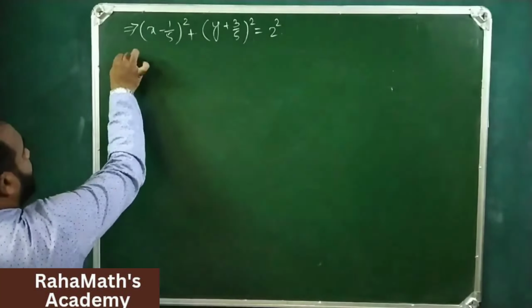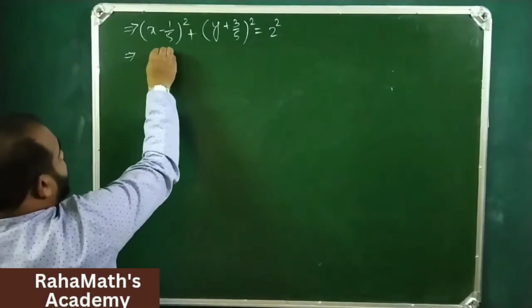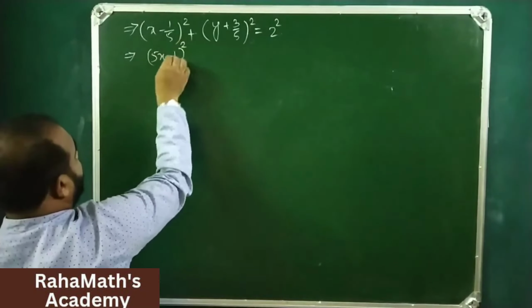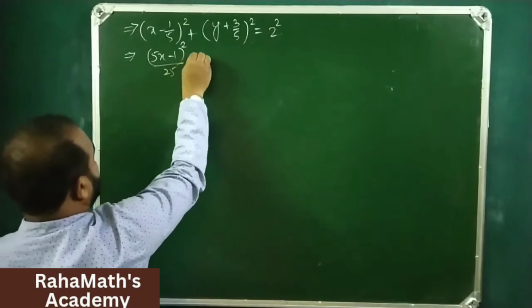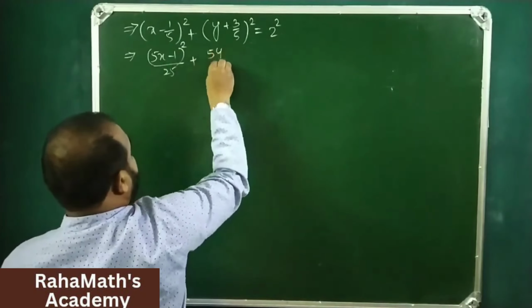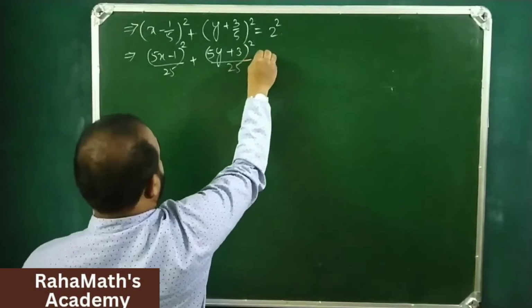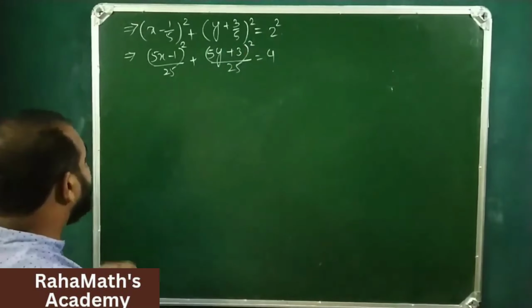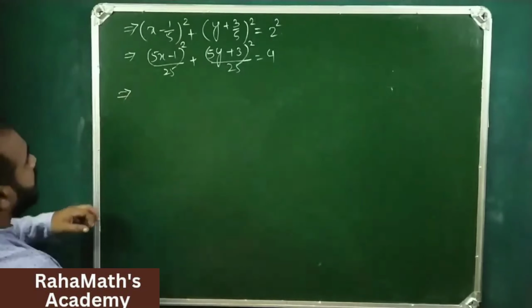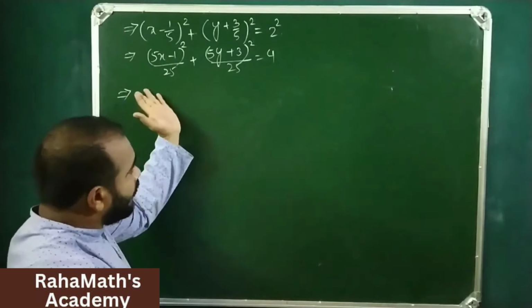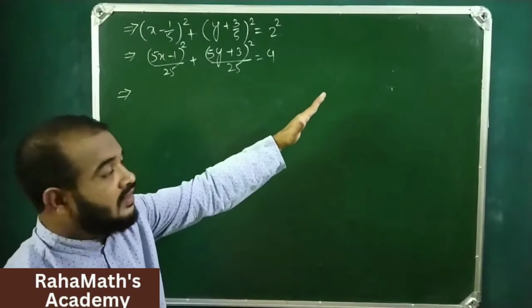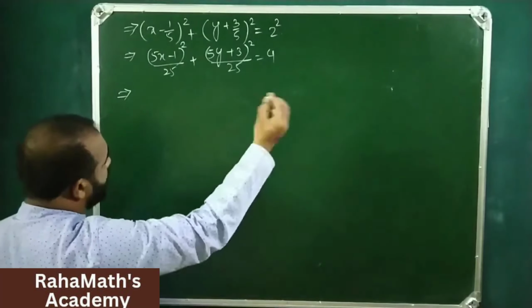Let us expand this. This is 5x minus 1 whole square by 5 square, which is 25, plus 5y plus 3 whole square by 5 square, 25, is equal to 2 square, 4. So this is equal to 1 by 25. If I take LCM and transpose onto the other side, 25 fours are 100.